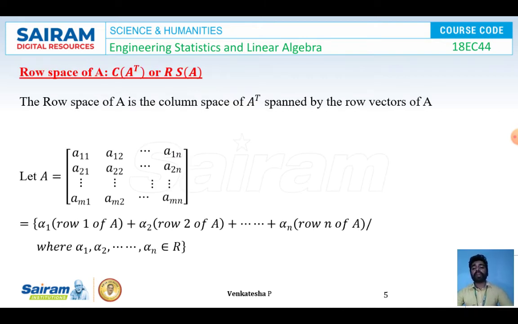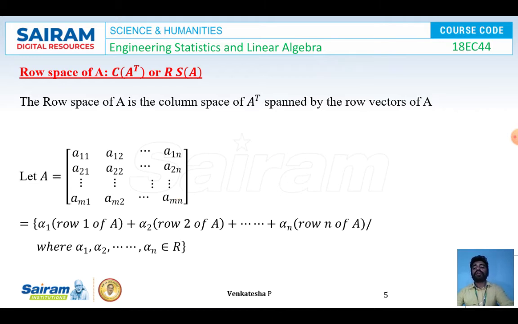Row space of A, or column space of A transpose. The row space of A is the column space of A transpose, spanned by the row vectors of A. That is, A equal to A11, A12, and so on A1n, A21, A22, and so on A2n, AM1, AM2, and so on AMN.